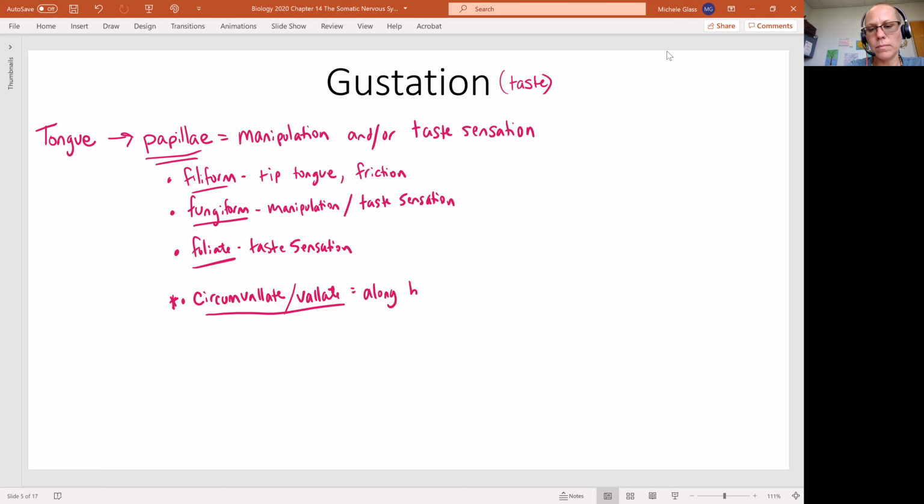by a tastant. So remember in olfaction, we had an odorant, which was the chemical that bound to the G protein coupled receptor and stimulated the olfactory sensory neuron. In the case of our gustation, the gustatory receptor cell is also doing chemoreception.